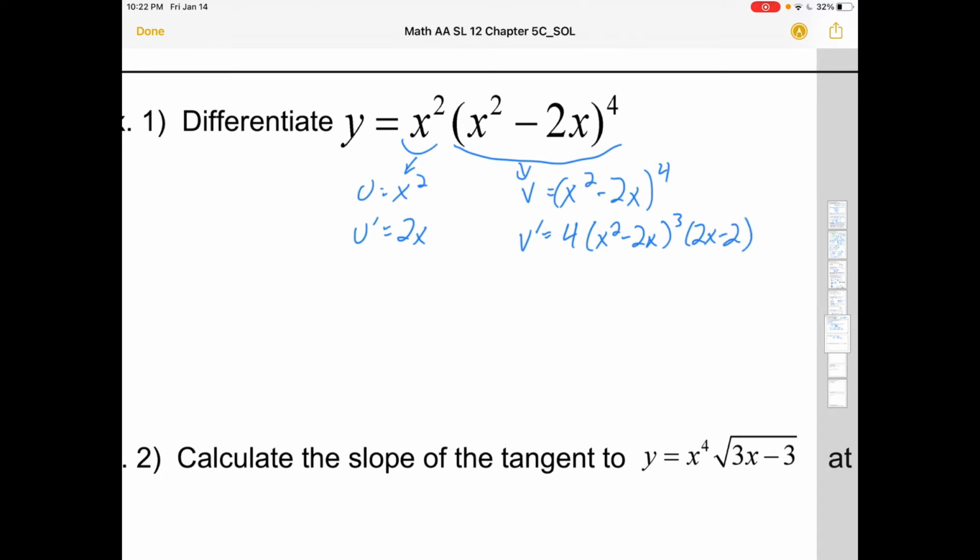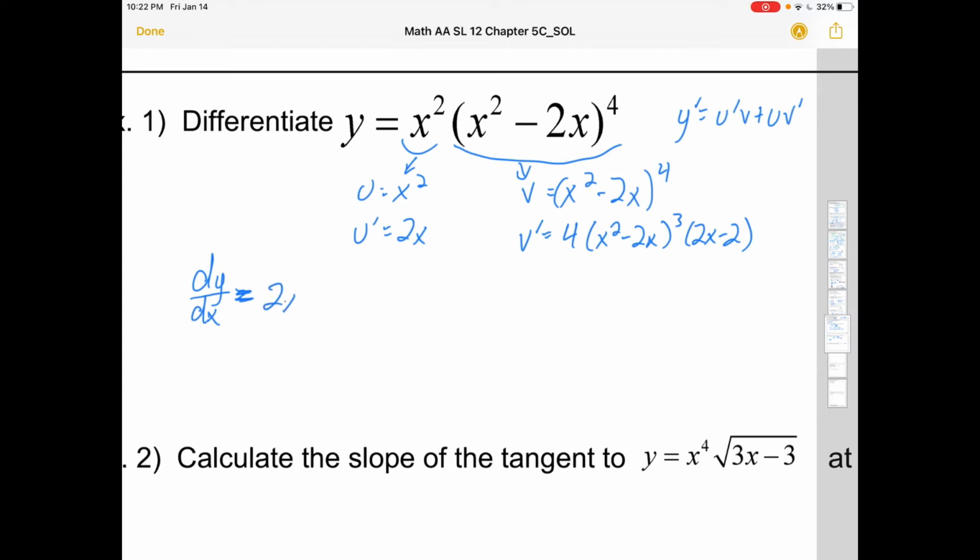And so we can just plug and chug. The formula was u prime v plus uv prime. If you recognize the product rule, it's hard to botch it. Because as long as you do derivative of one times the other plus vice versa, then you're fine.